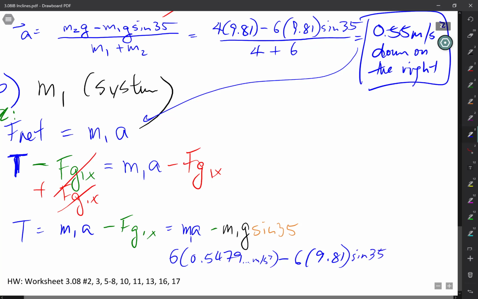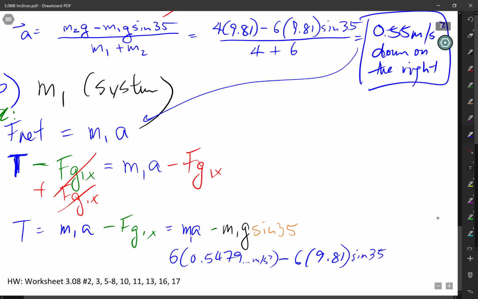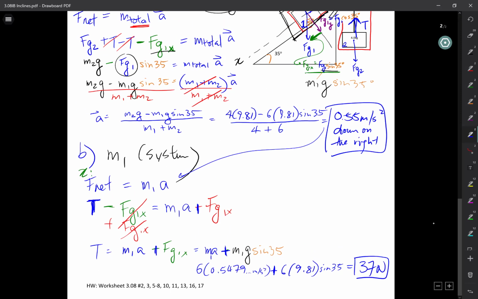After I put this in the calculator, I will get the following. Oh, sorry, I forgot one thing: because I added on this side, this should be a positive sign, and this over here should also be a positive sign, giving me a total of 37 newtons as my tension.